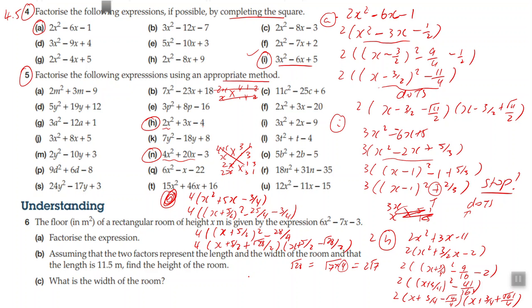So you've got to make sure that you simplify that surd to being 2 root 7 on 2: x plus 5 over 2 minus 2 root 7 on 2. When you combine them, you get 4. Oh, maybe you don't need to combine them, so you just leave it in that form.